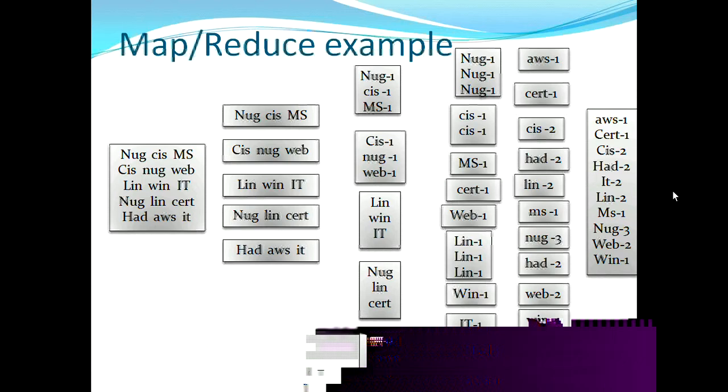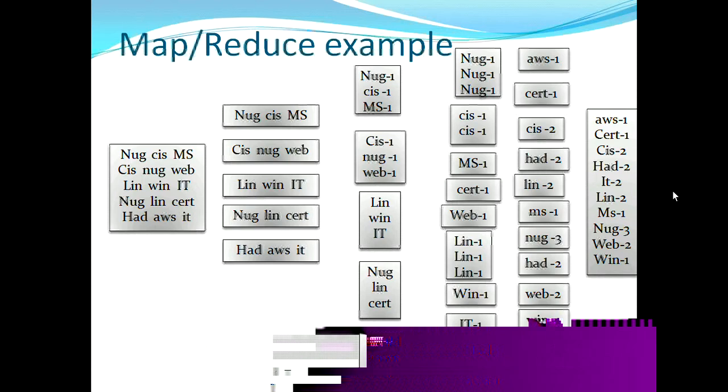Suppose a word called nug is there 2 times in node 1 and 3 times in node 2.